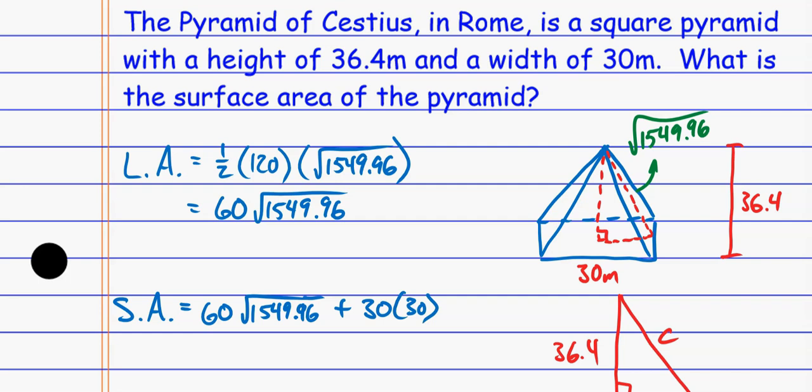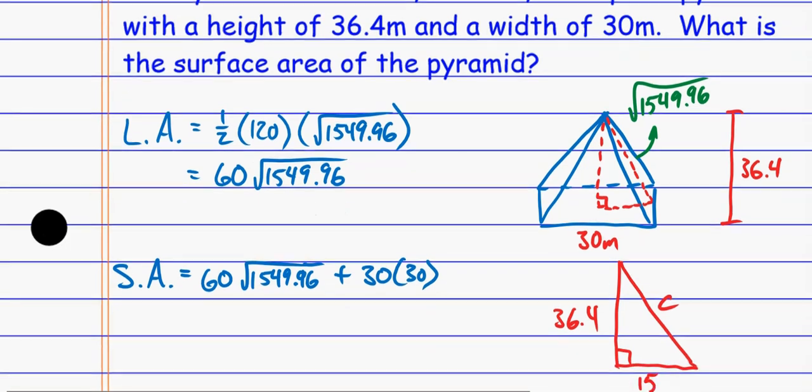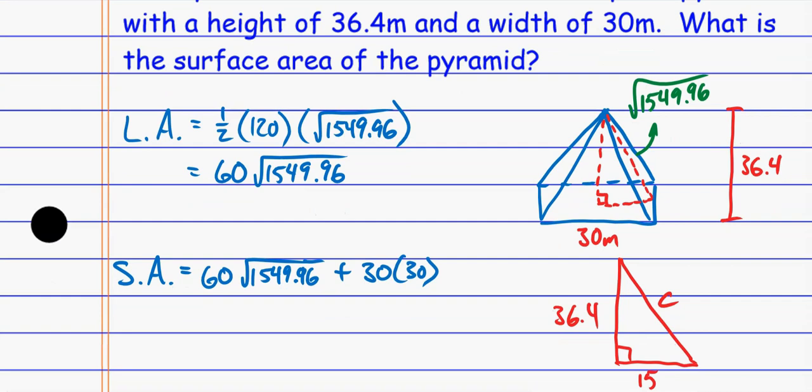Now this is where I want to jump to my calculator. On my calculator, I'm just going to do the 60 root 1549.96, and that gives me this. I just waited till the end so that I wouldn't have to punch this in again. That's square meters.